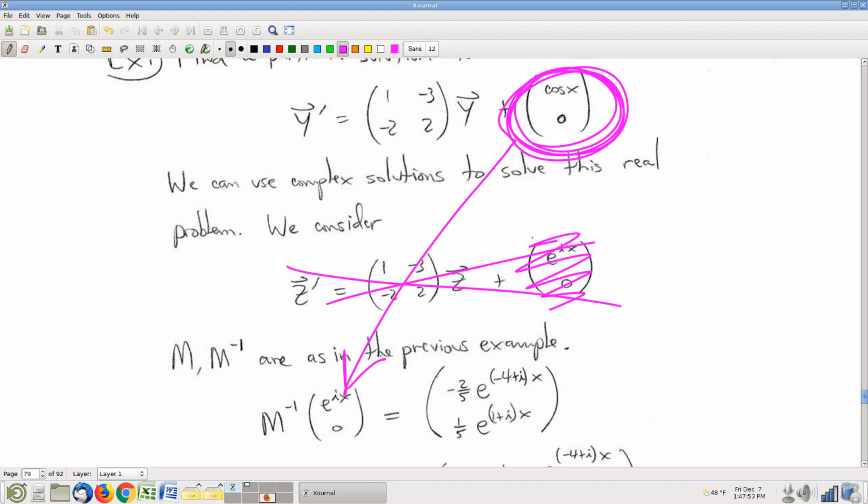Then that is what we would multiply by M inverse. These i's would go away, seemingly a win, right? But then notice these cosines would show up. So this is what you'd be taking an antiderivative of.